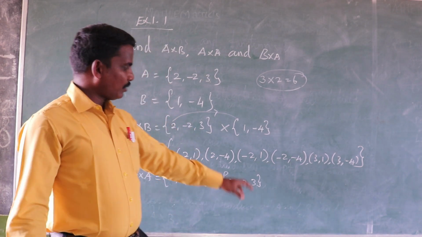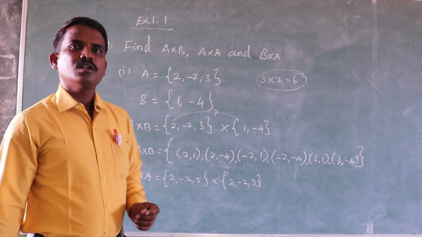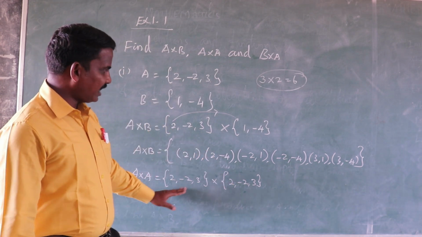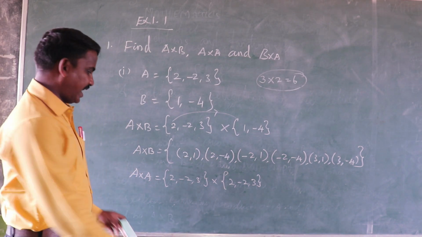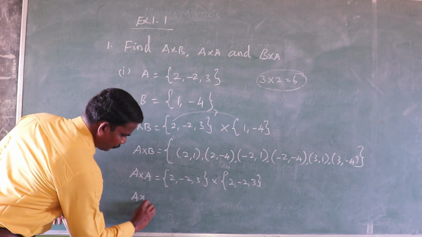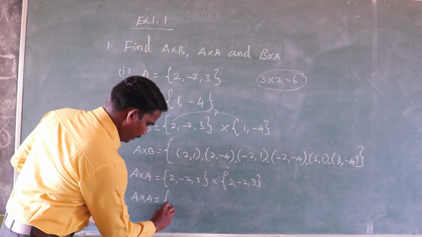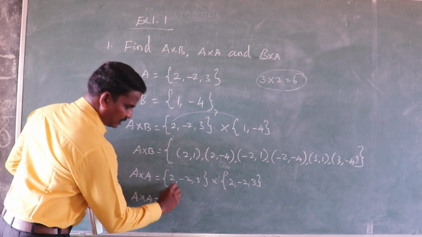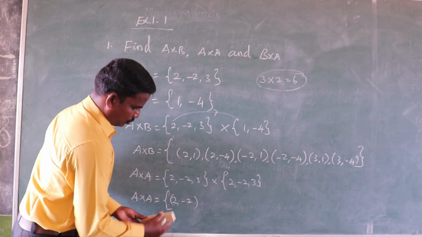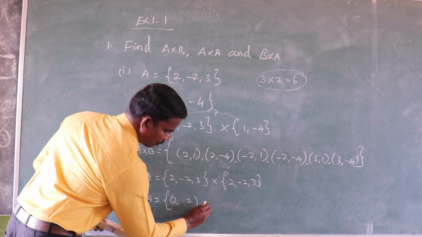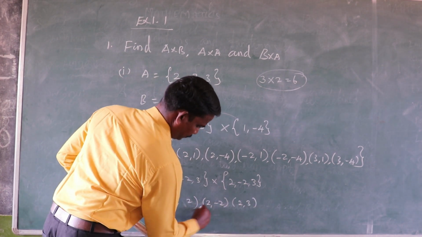So again we take the Cartesian product of A with A. Here also we have 3 elements only, so 3 cross 3 gives 9. So we can write 9 ordered pairs in the Cartesian product A cross A. First, (2, 2), (2, -2), (2, 3).